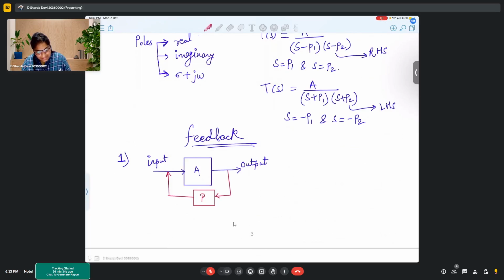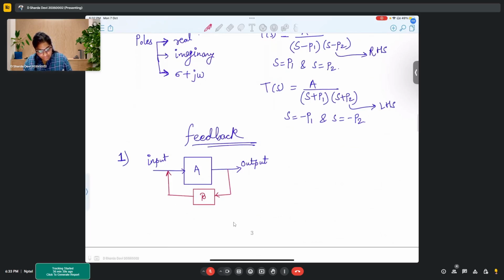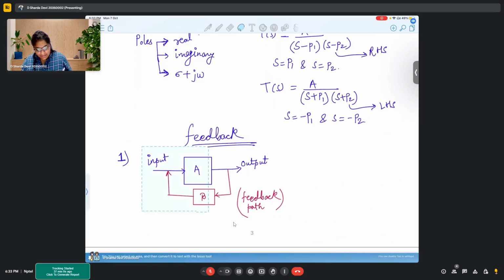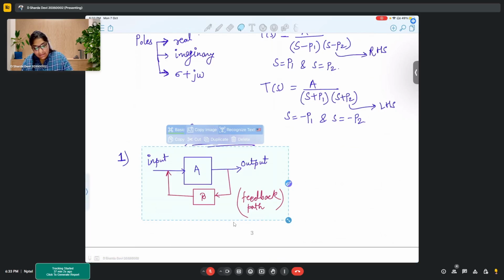Let's say it has a factor of beta. So this is your feedback part. Output to input we call the feedback path, and input to output is the feed forward path. Okay, so these are the nomenclatures. Technically, people use them, so keep them in mind.